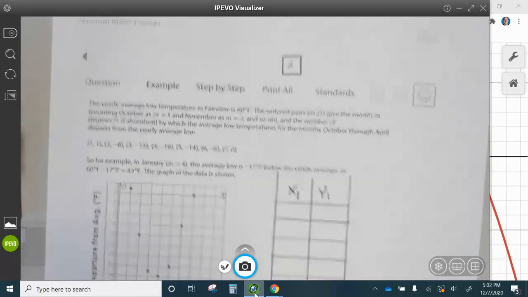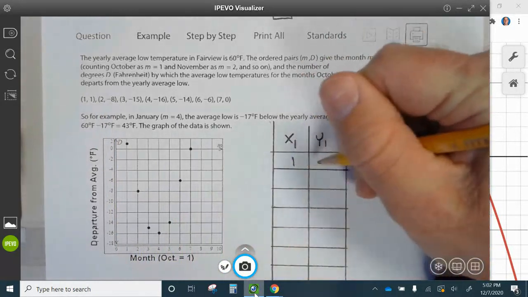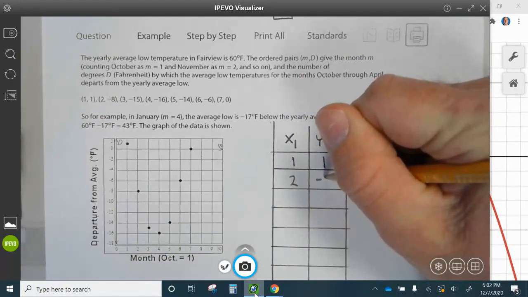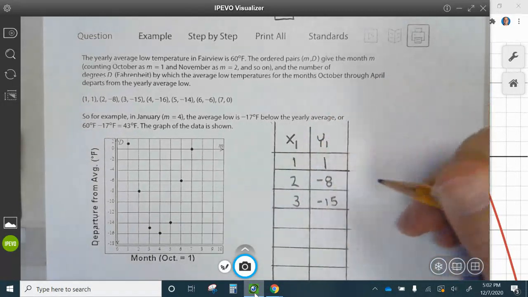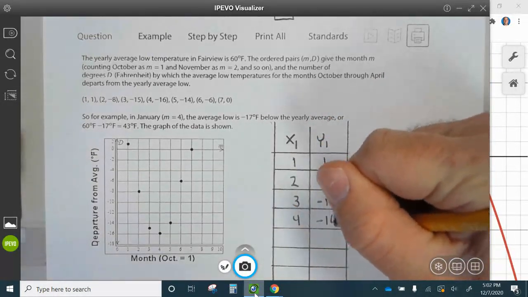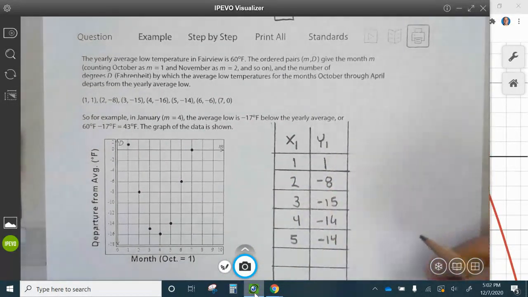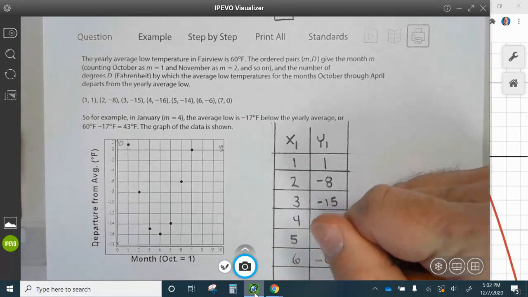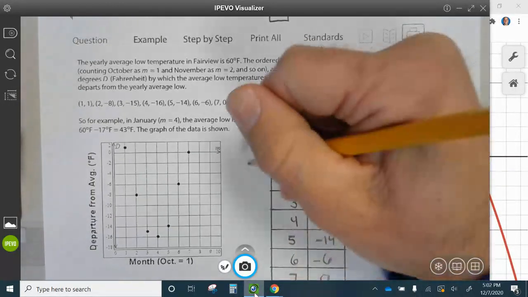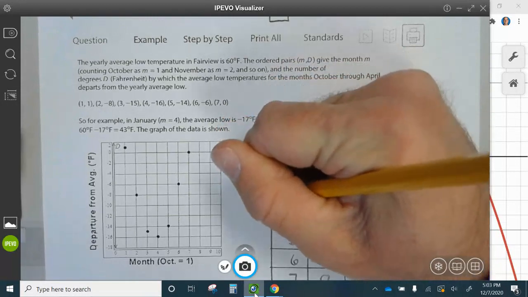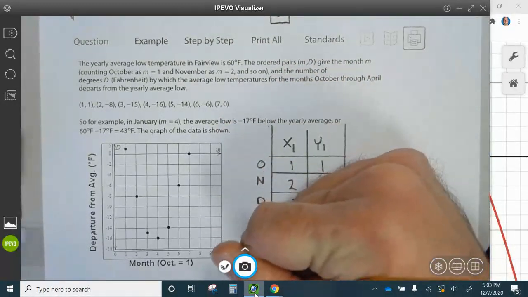Okay, what we need to do is take these points and plug them into the table. So this is 1, 1, 2, negative 8, 3, negative 15, 4, negative 16, 5, negative 14, 6, negative 6, and 7, 0.